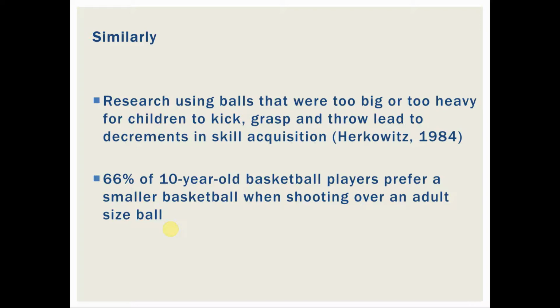And that is something that's really easy to do for practitioners, because you could provide different types of body scaled equipment or different heights of volleyball nets that allow learners to figure out which one of those allows them to figure out functional movement solutions in the most efficient manner.